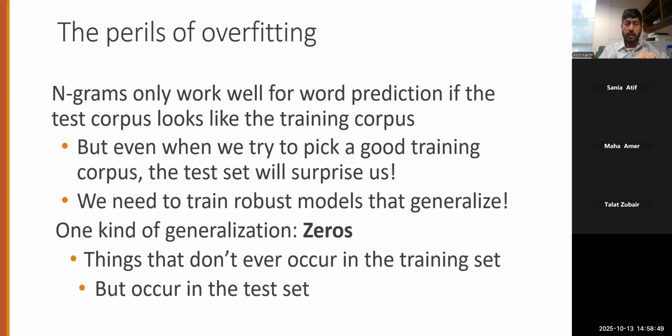So it will always give good results for that same type of data, and if you slightly change the test set, you will get poor results. So perplexity will be higher. We want our models to generalize to more types of data. For that, of course, you need huge amounts of training data, or you need to improve your estimation techniques, and that's what we are going to focus on next.